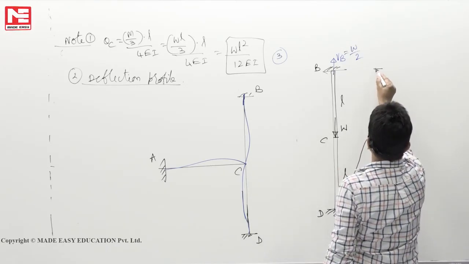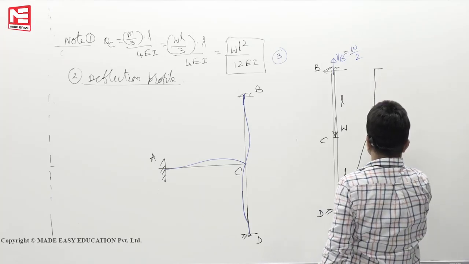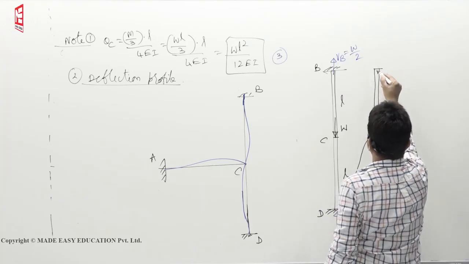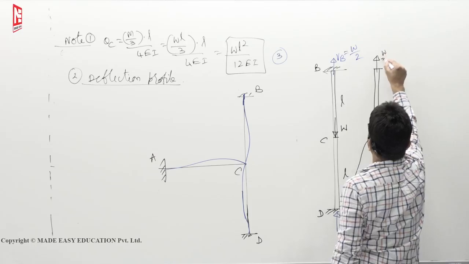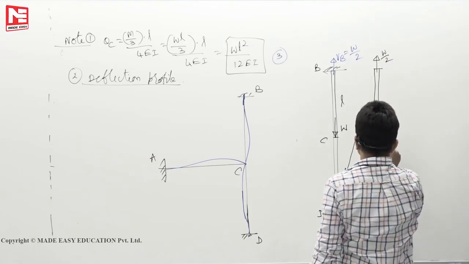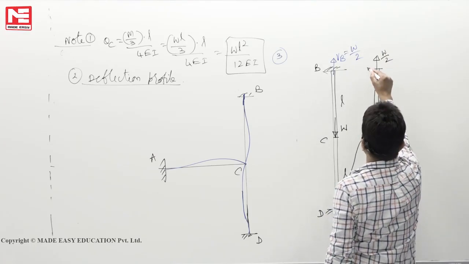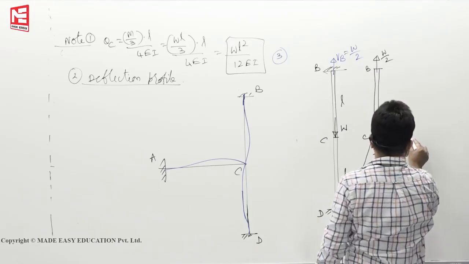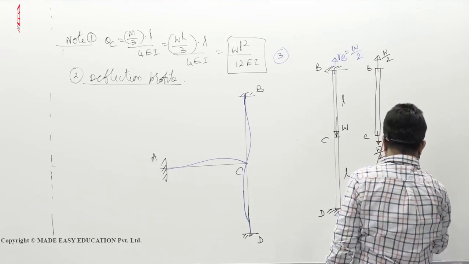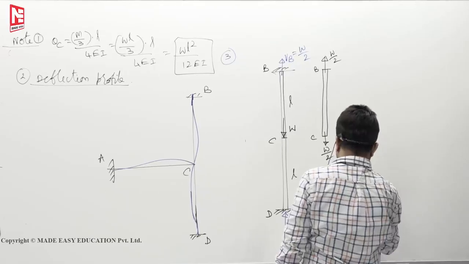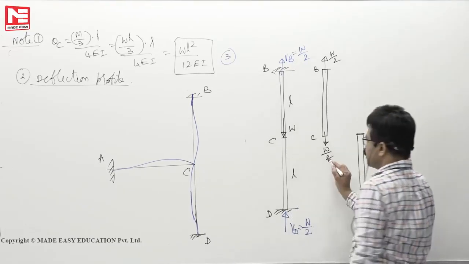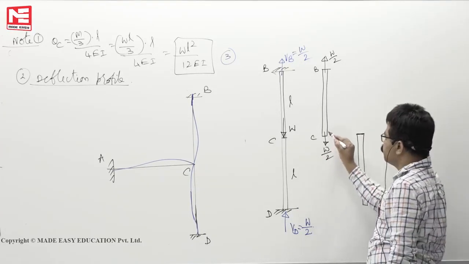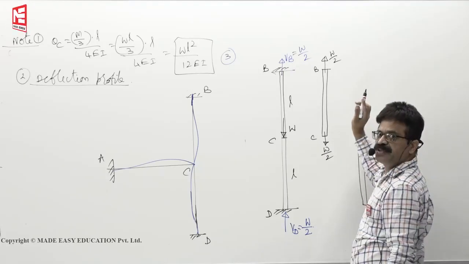Now you see, this is the free body diagram. This is W by 2. This is also W by 2. This member is BC. Next free body is like this. See, this W by 2 is the action. So whether it is downwards or upward, we should not put it.